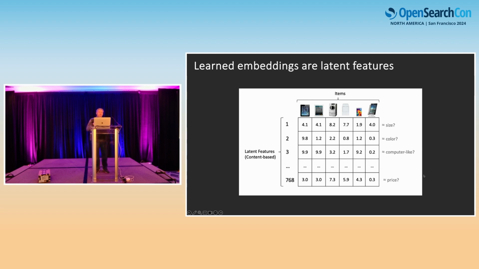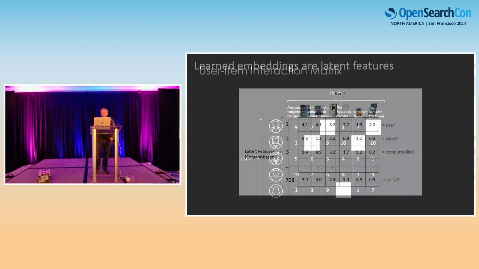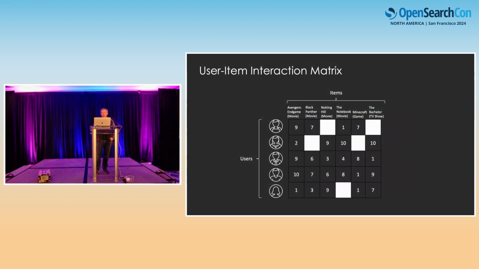So we can't apply specific labels to these, but we can tell general influence within the embedding space. Similarly, when we do collaborative filtering, we've got a bunch of users over here. We've got the items that they've interacted with. In this case, this is movies and television shows and games and things like that. I can say that these users interacted with these items, and these were their relative preferences. These might be something you've explicitly asked them, or this might just be based upon their behavior.